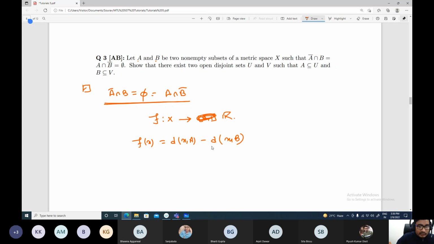Consider this one, f of x equals d of x comma A minus d of x comma B.